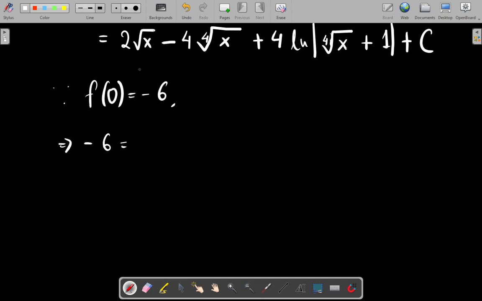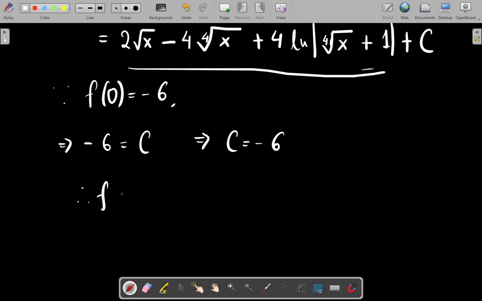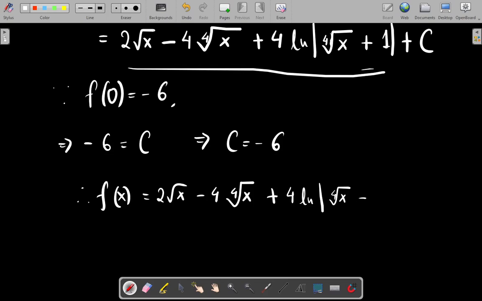So this entire thing is 0, and this becomes equal to just c. So we have c equal to -6. Therefore f(x) equals 2 root x minus 4 times the fourth root of x plus 4 ln|fourth root of x plus 1| minus 6. Okay, this is the expression for f(x).